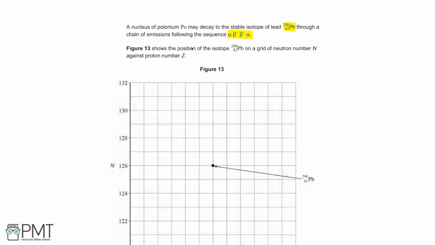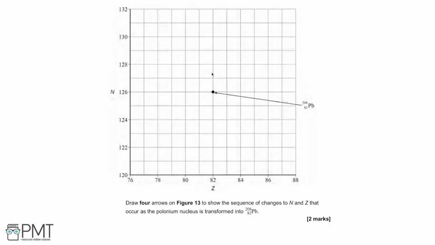Figure 13 shows the position of the isotope 208 82 Pb on a grid of neutron number N against proton number Z. The first part of the question then says, draw 4 arrows on figure 13 to show the sequence of changes to N and Z that occur as the polonium nucleus is transformed into 208 82 Pb.